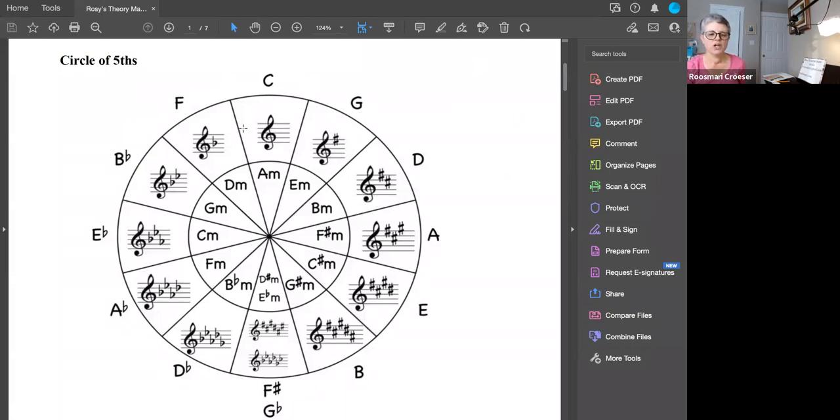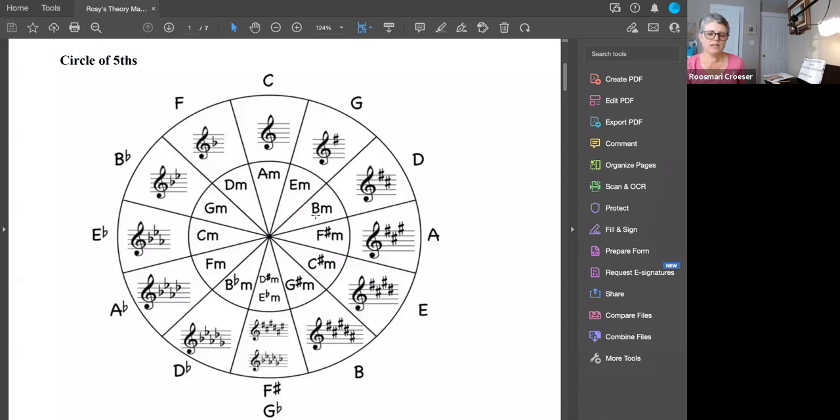At the top we start with no sharps or flats for the key signature. As we go to the right, we add 1 sharp per key, and to the left, 1 flat per key. And then feel free to go and explore and see if this is correct. But that is an outline of all the keys that we have in piano.